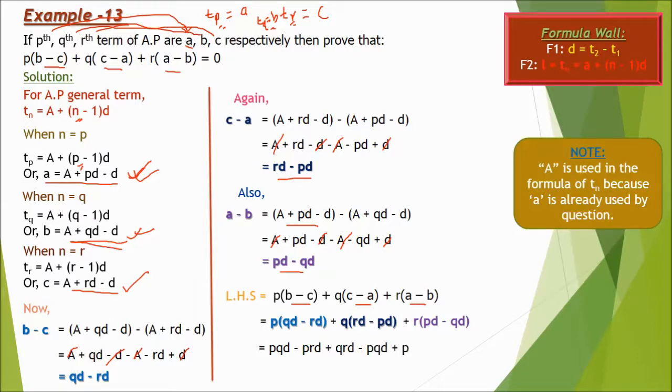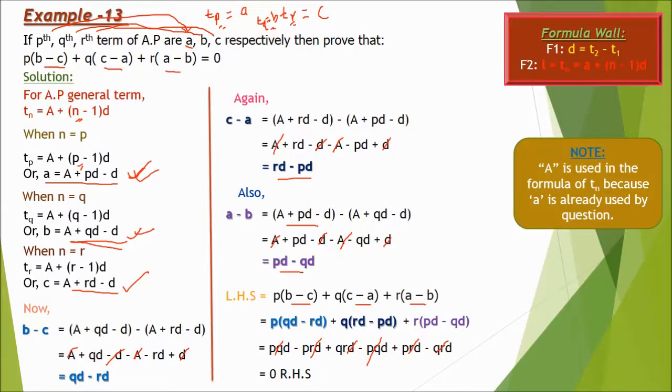Now we open the bracket: PQD minus PRD, on multiplication QRD minus PQD plus PRD minus QRD. QRD is cancelled, PRD is cancelled, and the rest is cancelled, so the left hand side is 0, which is the right hand side. Nice.